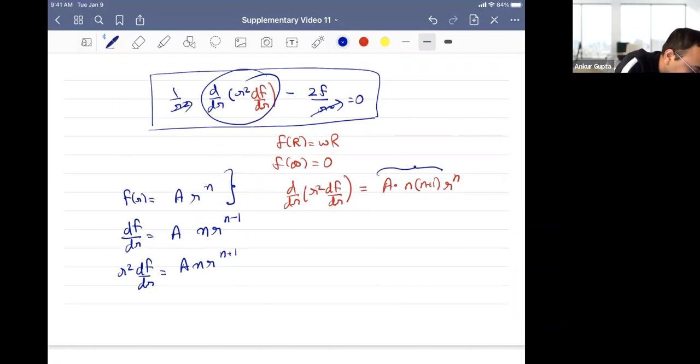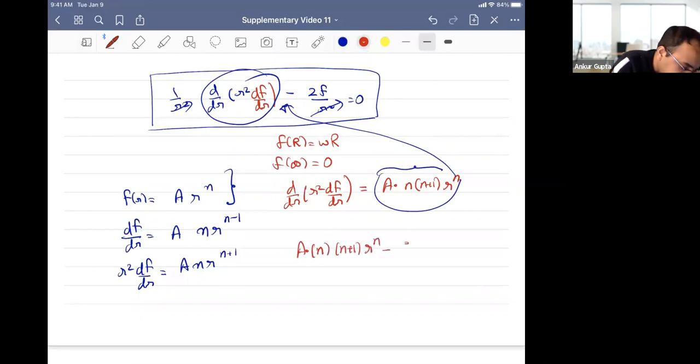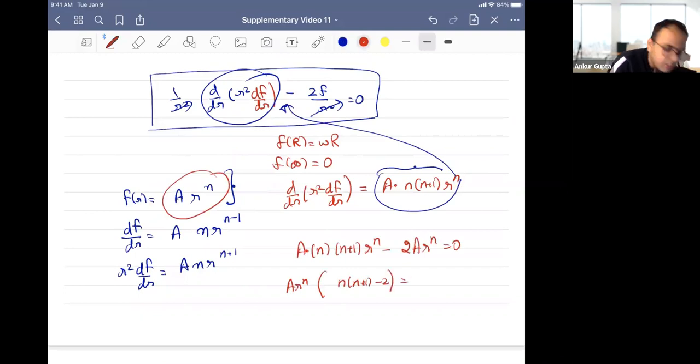So essentially, I can substitute this back here to get a times n into n plus 1 minus 2 times, and f is what? F is this. So 2a times r raised power of n is equal to 0, or a into r raised power of n. So n into n plus 1 minus 2 is 0. And this is the way we can solve for n.